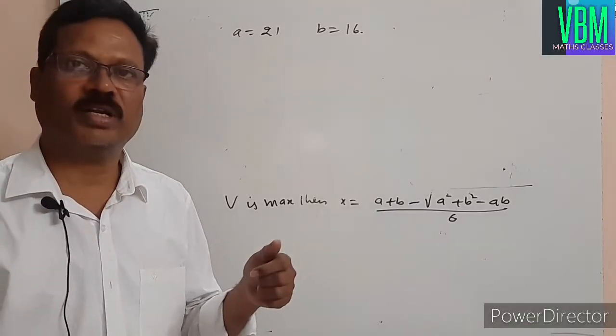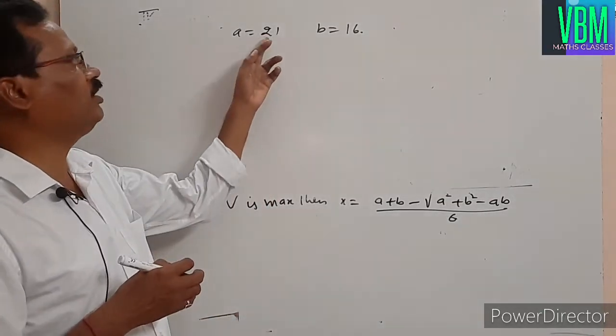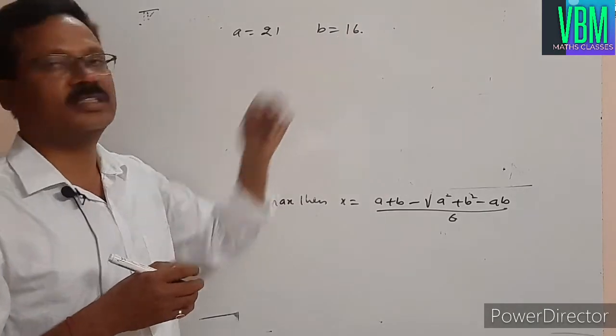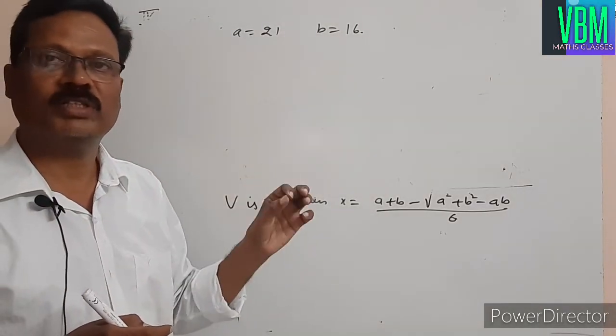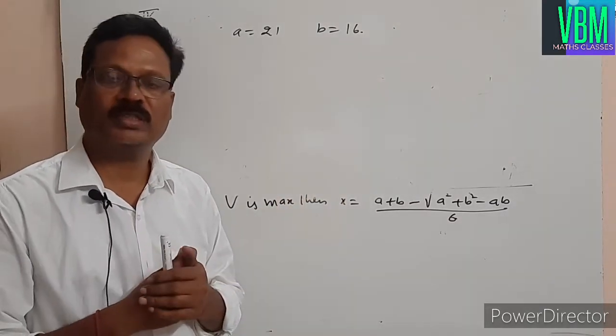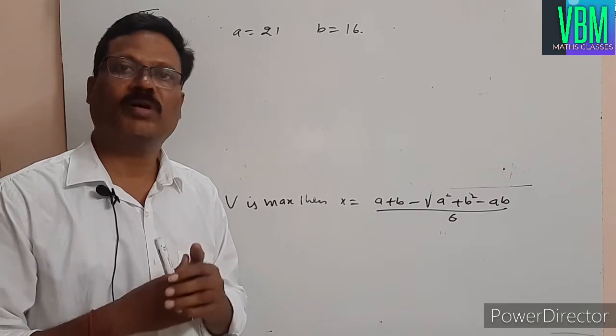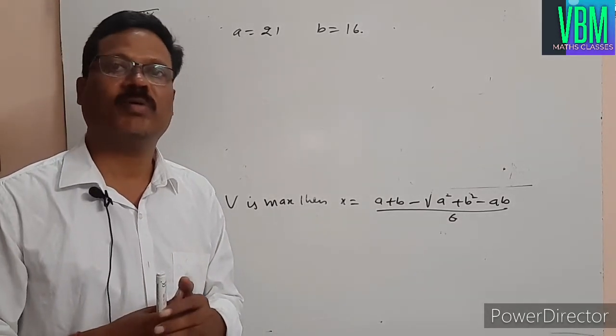Using that above formula, now let us see a rectangular sheet of length 21 and breadth 16. Now at 4 corners, 4 equal squares are removed. These are folded to form the open box. If the open box volume is maximum, then what is the depth of the box?